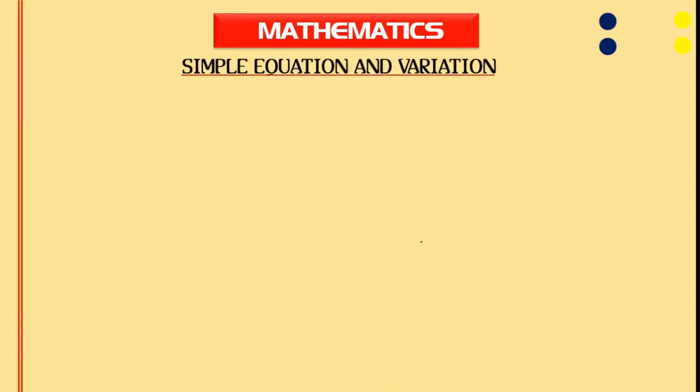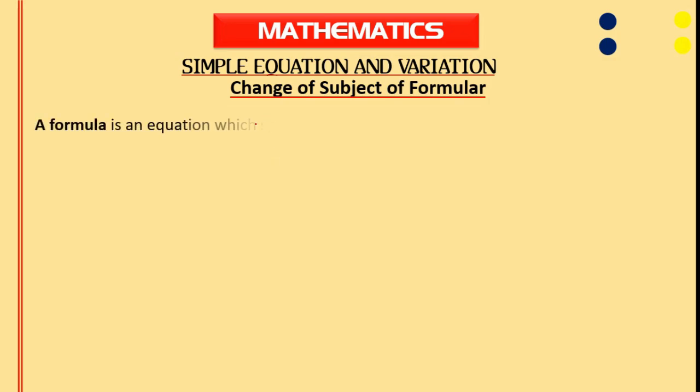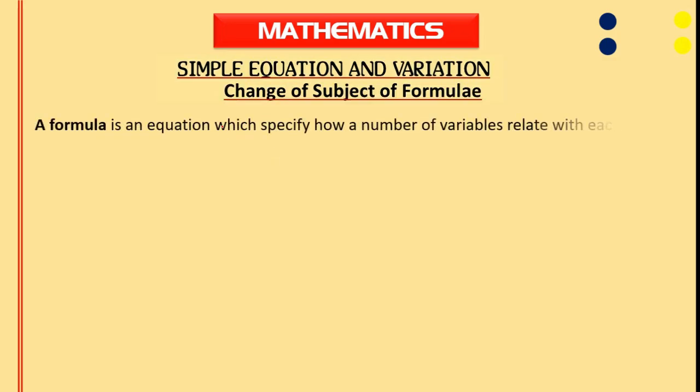We'll be taking the journey further by checking out change of subject of formula. Of course, by definition, a formula is an equation which specifies how a number of variables relate with each other. We have been hearing the word variable before now; most times we represent variables by alphabets.